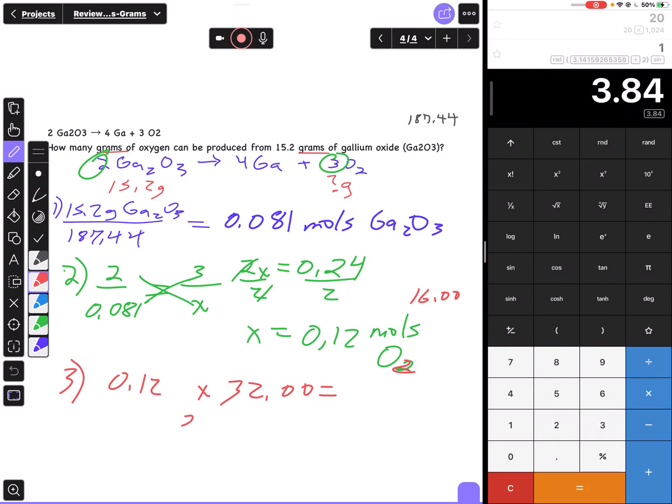And I get 3.84. Now my answer would be grams of oxygen, which is O2, 3.84. So the problem says, if I start off with 15.2 grams of gallium oxide, how many grams of oxygen would I get? Well, it would be 3.84.